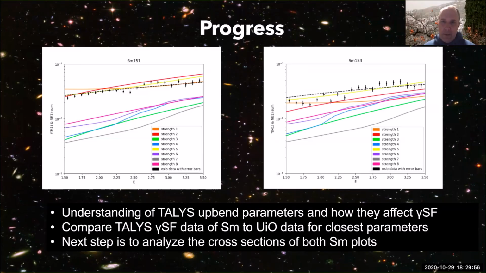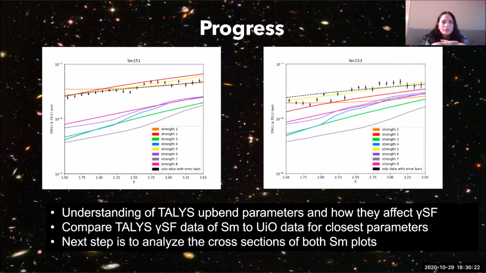There are some bumps and wiggles there. Are those real features that we should want to try to explain, or are those just fluctuations in the measurement of some sort that we don't really care about?